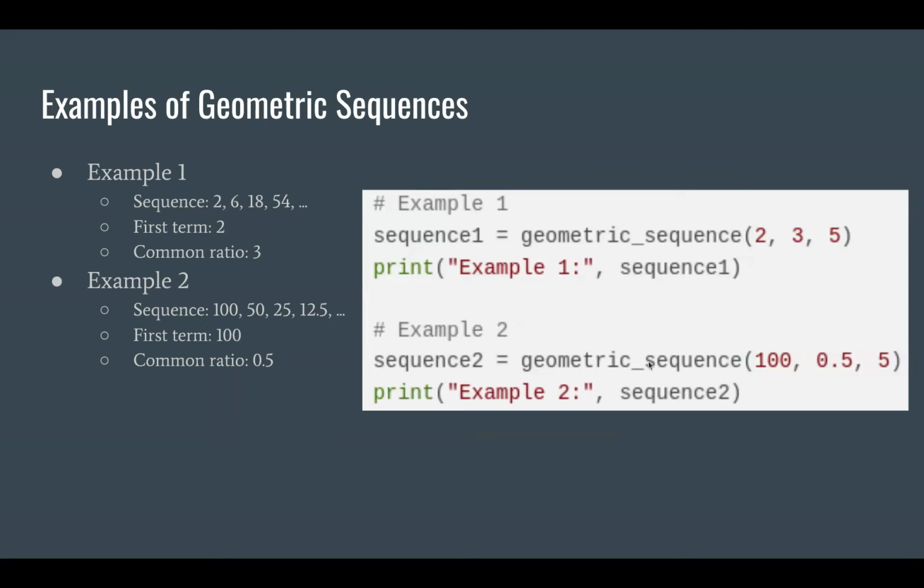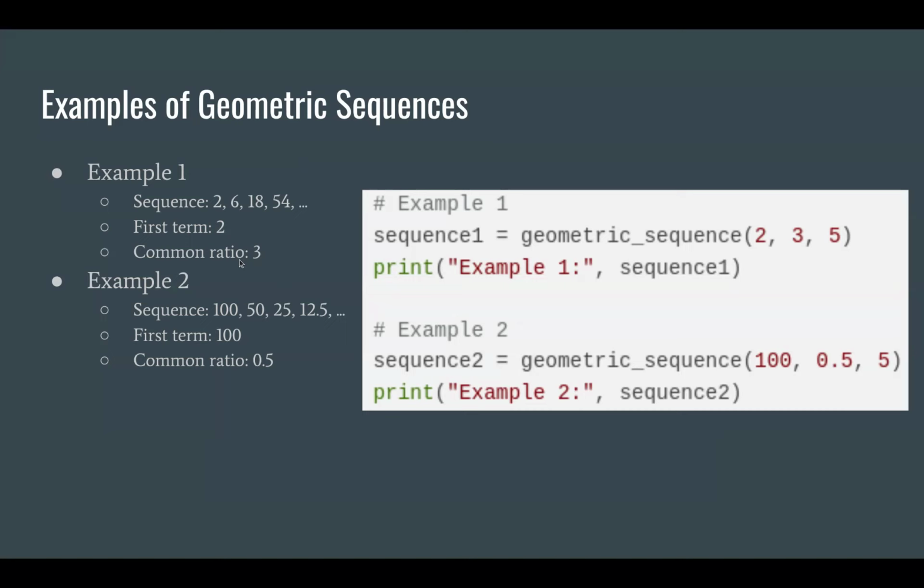Examples of geometric sequences. Let's look at 2 examples. First, let's consider the sequence 2, 6, 18, 54, and so on. In this sequence, the first term A is 2, and the common ratio R is 3.